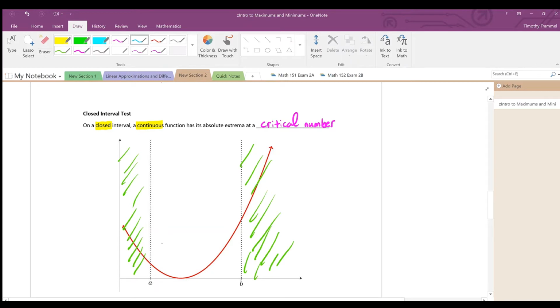And so you can see now on this interval that we're actually looking at, the largest value happened here, which is at the endpoint of this closed interval, one of the endpoints. And the minimum occurred where the first derivative is equal to 0. Okay. So we can see that at least in this example, our absolute minimum and absolute maximum occurred at critical numbers.